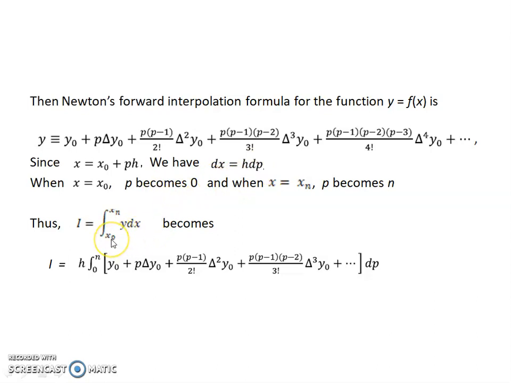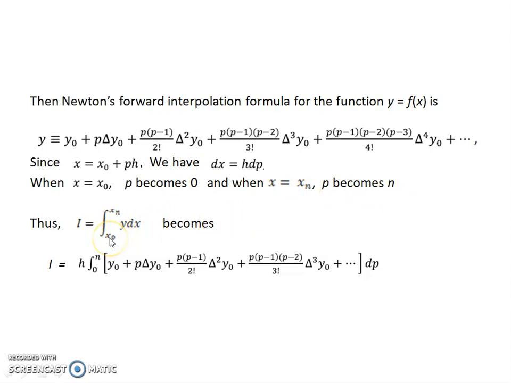And let us change the limits, as the limits x0 and xn are with respect to x. We have to change the limits with respect to p. So when x is equal to x0, p becomes 0. If we put x is equal to x0 here, p becomes 0. Similarly, if we put x is equal to xn here, our p becomes n.